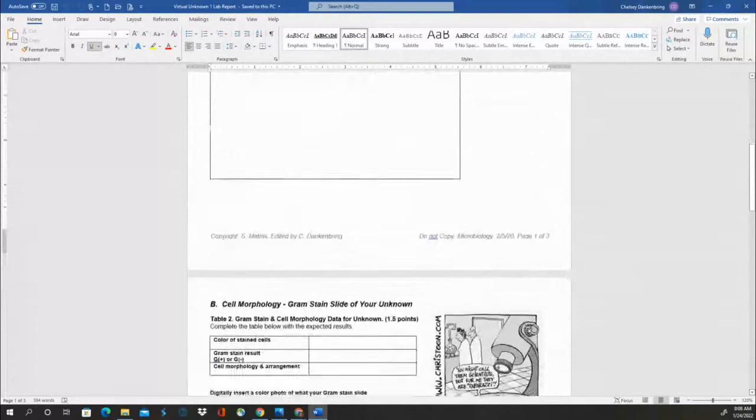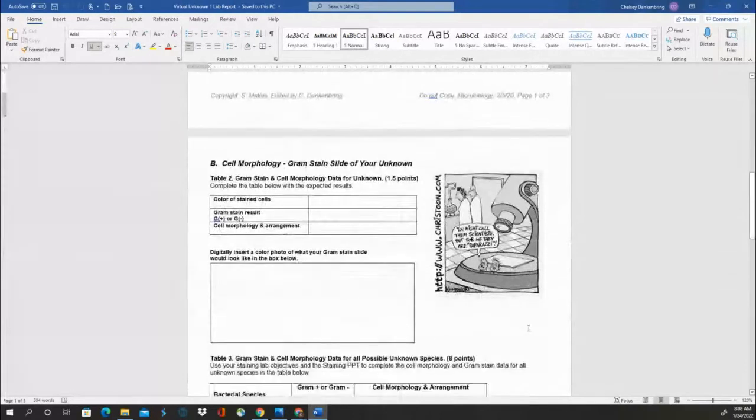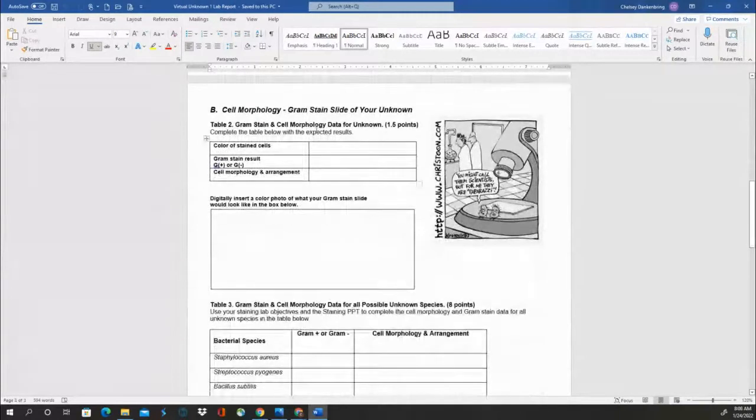And then what you do is you switch over to looking at your gram stain slide. So again, notice I'm telling you exactly what you're looking at. All right, you're going to tell me the color. What does that mean? Okay, because you're going to learn that when we do staining, one color means one thing, a different color means a different thing.